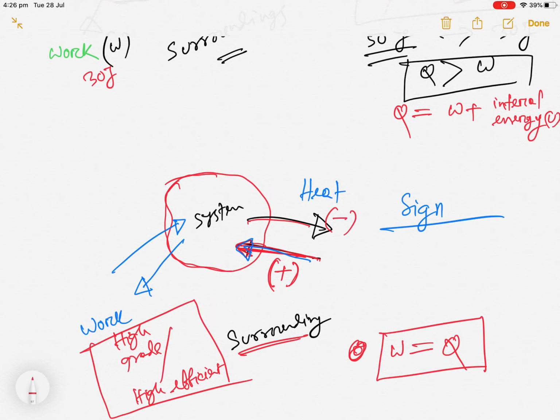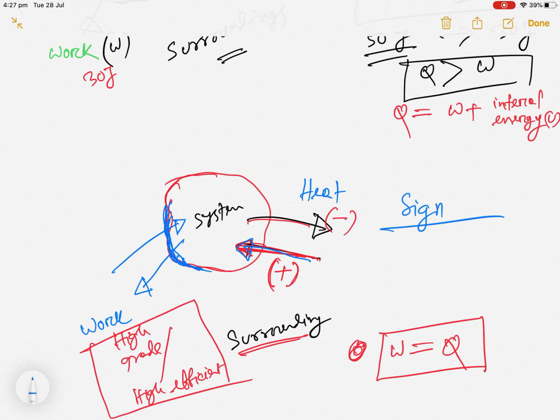Work actually happens at the boundary. As I said earlier, this interaction between system and surrounding happens at the boundary. This work could happen at the boundary due to shaft torque, displacement, or different types of work. We'll discuss later on. So what will be the sign convention here?